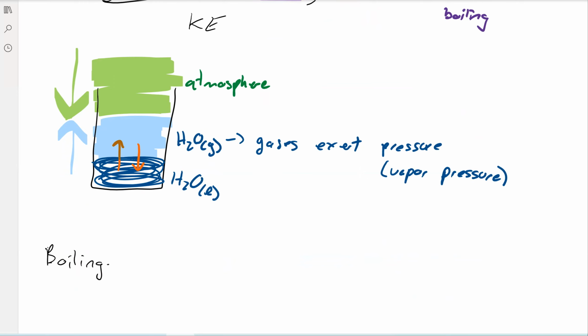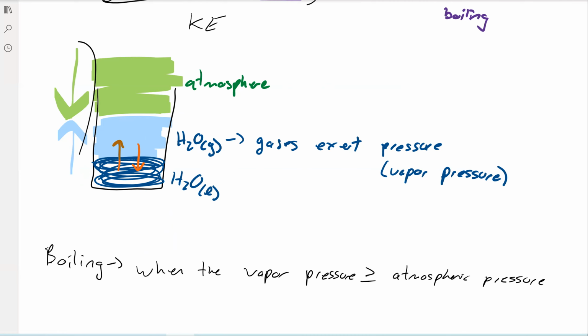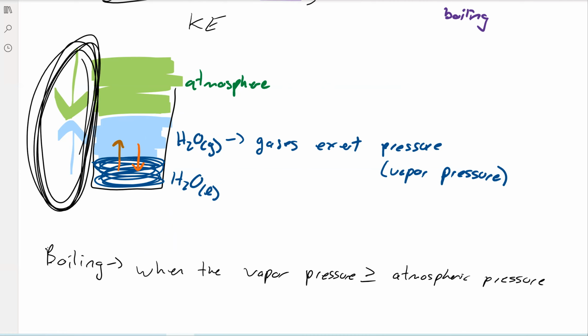But when we reach boiling point, what that means is that the vapor pressure is equal to or greater than the atmospheric pressure. So the boiling of a compound isn't actually a direct consequence of its temperature, but really it's about this battle between the two pressures.